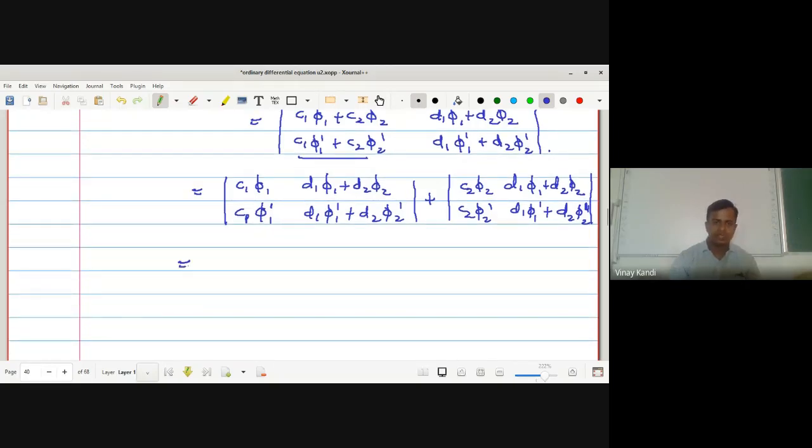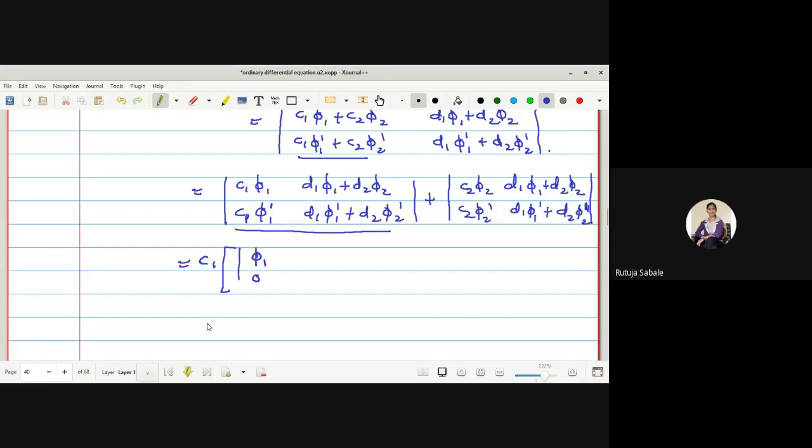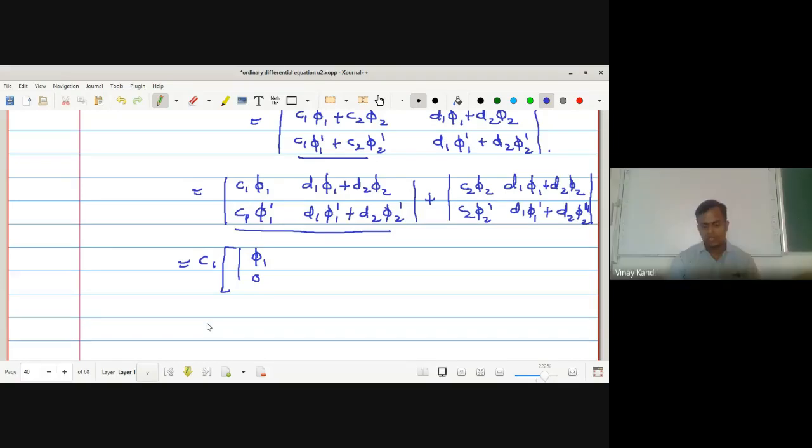Now taking c1 common from this determinant, in the bracket we can write the first determinant. सेकंड कॉलम पण expand करायचं आपल्याला, c2 common काढायचं आहे. The first determinant is phi1 phi1 dash, d1 phi1 d1 phi1 dash, and the second determinant is phi1 phi1 dash, d2 phi2 d2 phi2 dash.